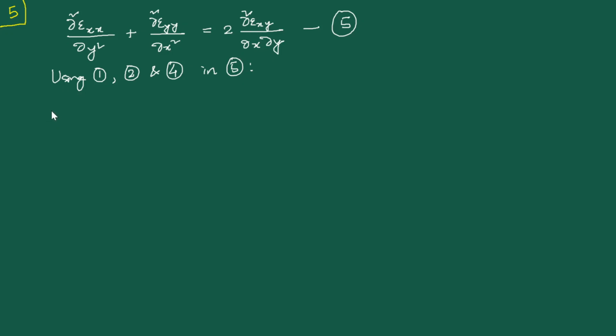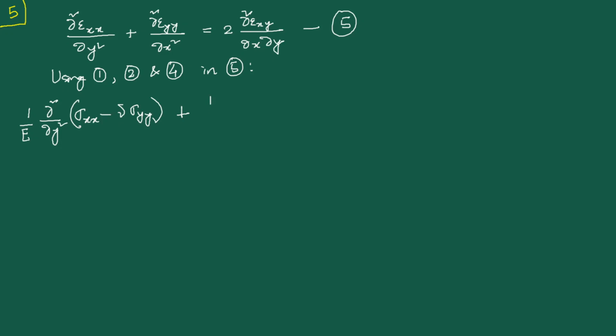So this is del square by del y square. This epsilon xx is 1 by E into sigma xx minus nu sigma yy. That 1 by E is a constant, so we might as well take this out of the second derivative, and what we'll have inside is sigma xx minus nu sigma yy.